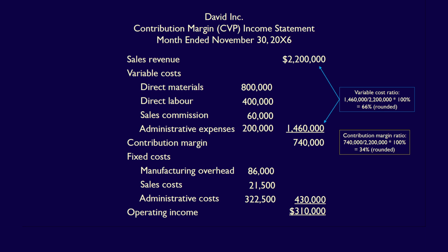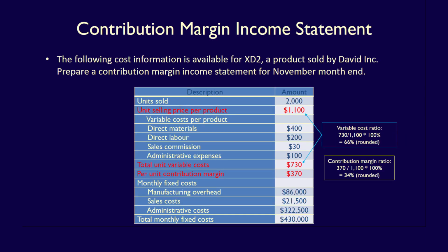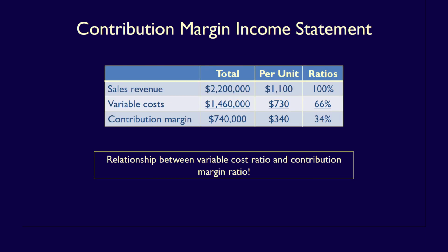Rounded, of course. We can also do this on a per unit basis. Total unit variable costs of $730 divided by the unit selling price of $1,100 multiplied by 100% is still equal to 66%. Rounded.